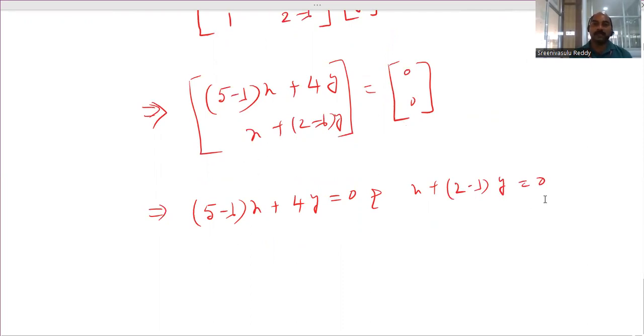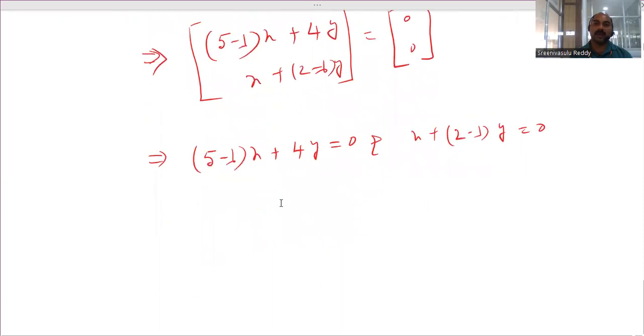Now we have a system of two equations. Solve these two equations by any method. Here there is no restriction. Our intention is to find eigenvalues and eigenvectors, not solving the system of homogeneous equations. You can solve by the elementary method also.